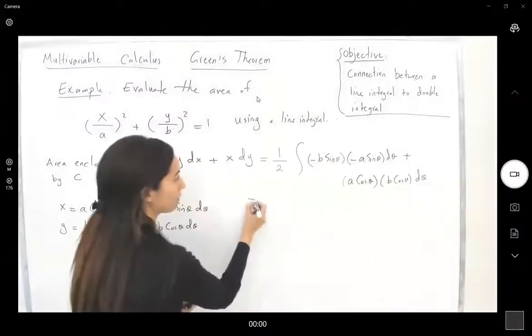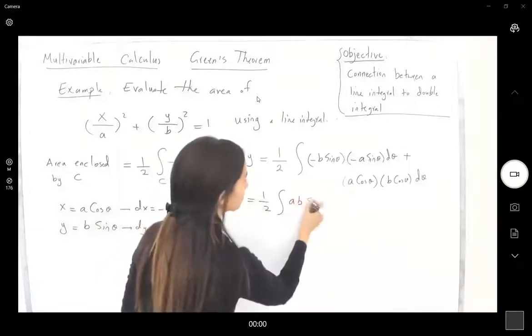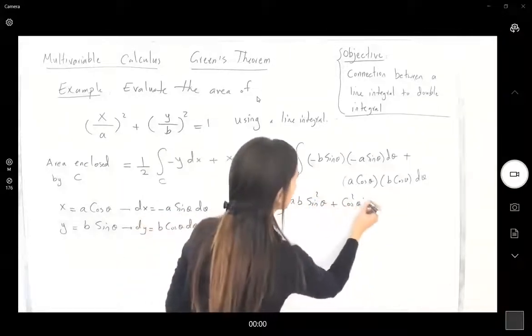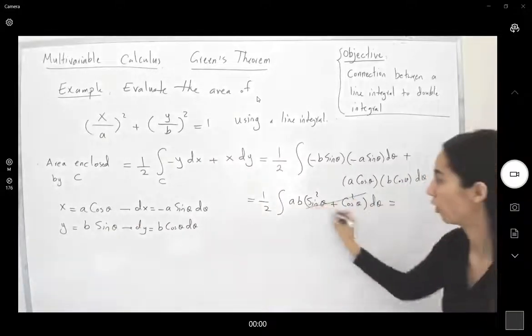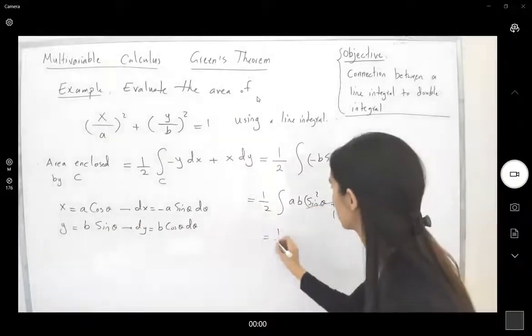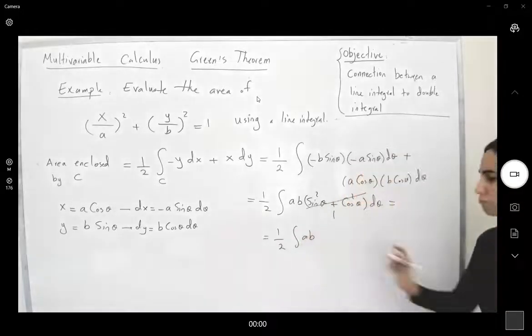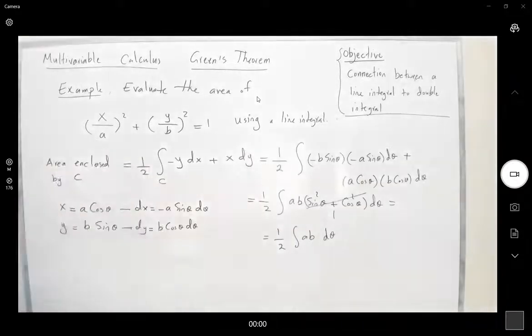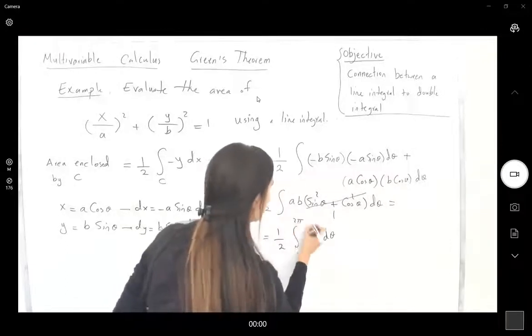So here you have a half integral. You get ab times sine squared theta plus cosine squared theta, d theta, and this is equal to 1. So you get a half integral of ab d theta, where theta ranges from 0 to 2 pi.